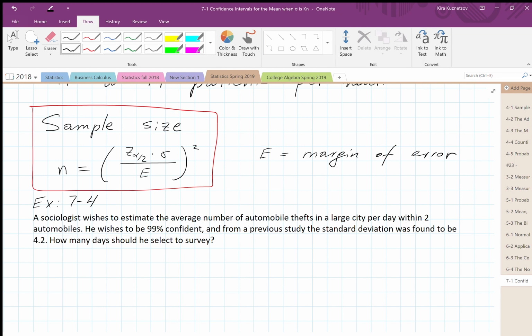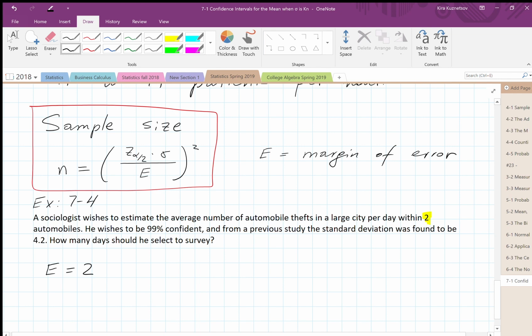A sociologist wishes to estimate the average number of automobiles left in a large city per day within 2 automobiles. So this 2 that is given to me, that's my estimation error. So that's my margin of error. So this is when they gave me an E. So E is equal to 2.